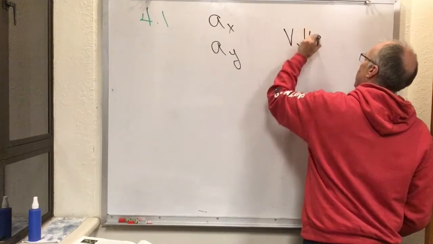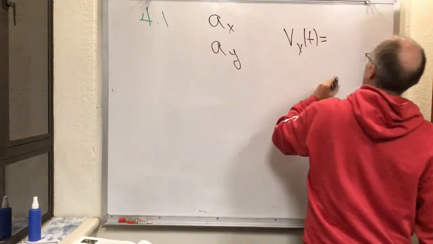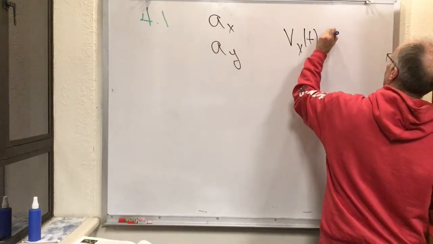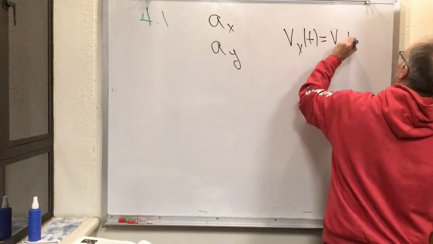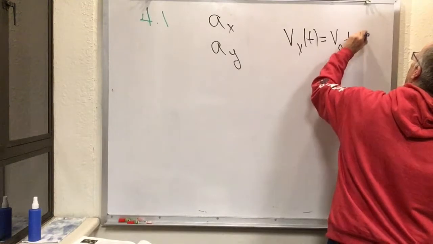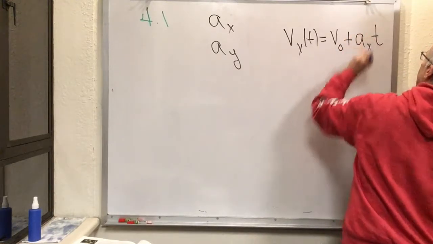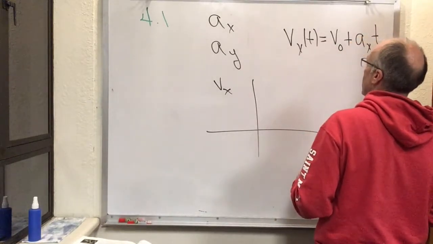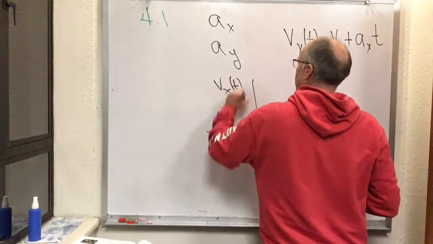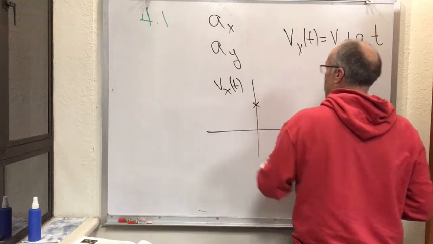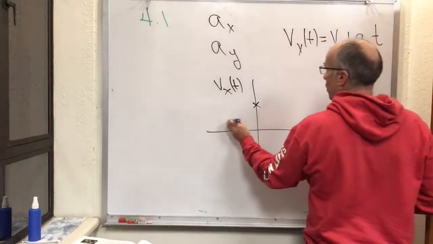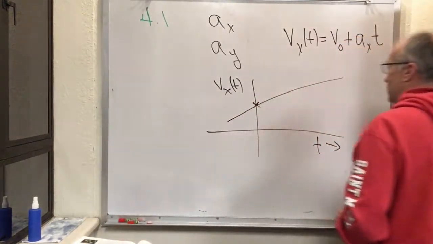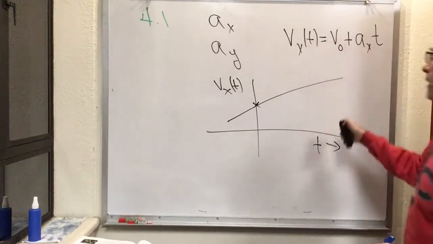It's v sub x of t is equal to some constant, which I'm going to call v naught, plus a sub x times t. V naught x has the interpretation of being whatever vx of t was at t equals 0. And ax is the slope, so it's the intercept and the slope that we've got here.